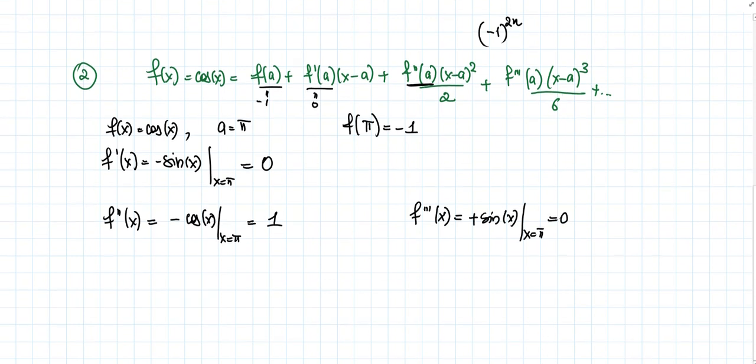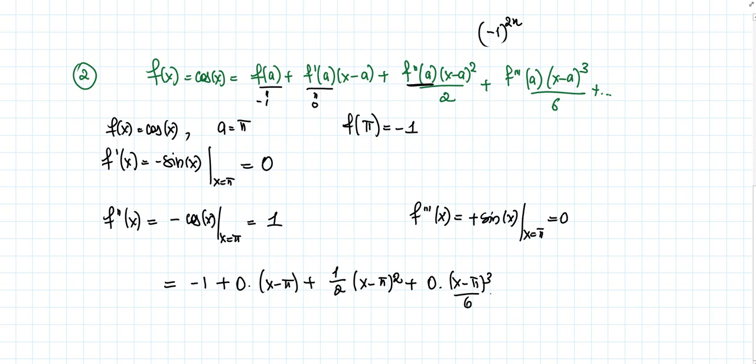Okay? So the first 4 terms of the series can be written in this form. The first term is minus 1, plus 0 multiplied by x minus pi, plus 1 divided by 2 multiplied by (x minus pi) squared, plus 0 multiplied by (x minus pi) cubed over 6, and so on.